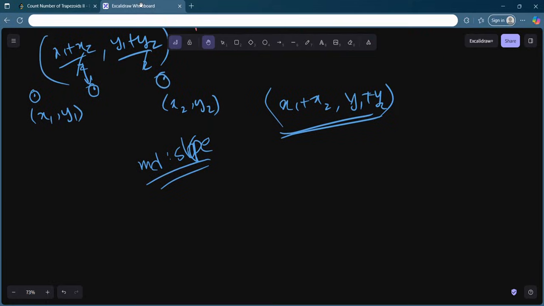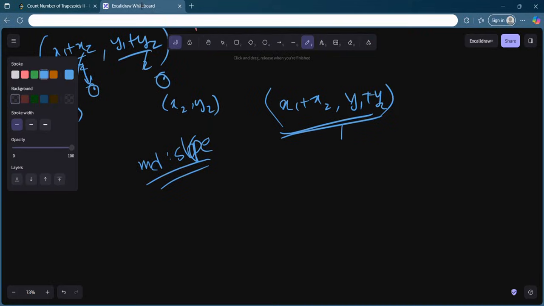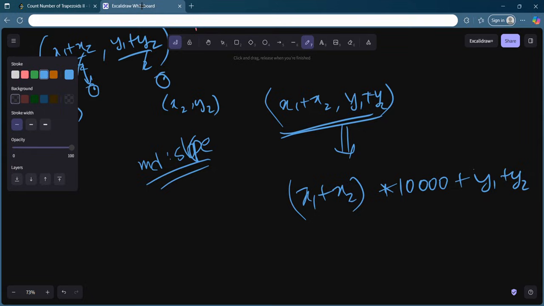Okay, so if you try to store something like (x1 plus x2) multiplied by 10,000, you are scaling each and every midpoint by this, so it will not make an effect. Why exactly this? How do I explain this?